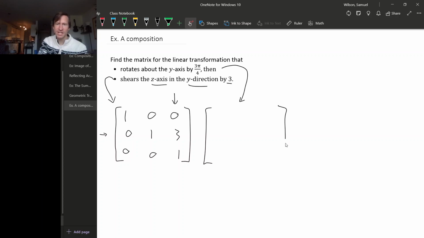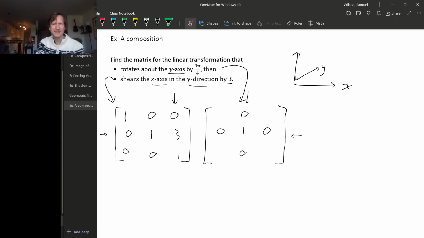Okay, so now for the rotation. We're rotating about the y-axis. That means the second column and second row aren't going to change from the identity, so it's the same second column and second row as in the identity. Now we just need to decide where all our sines and cosines go. So if you think about x, y, z like this, if you rotate about the y-axis, you have to use the right-hand rule to decide what orientation things go in.